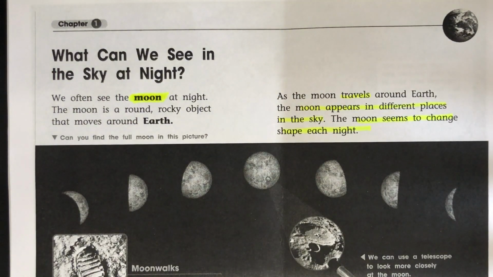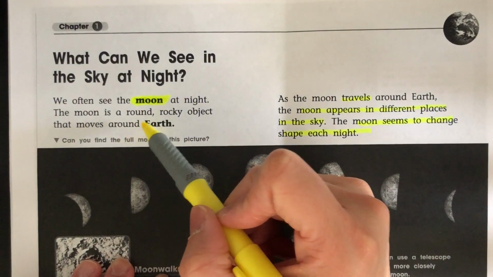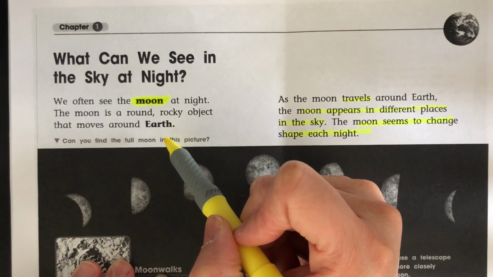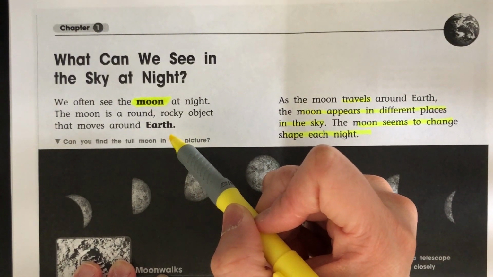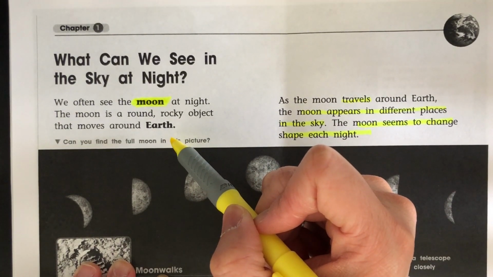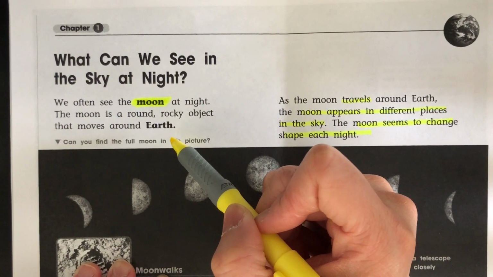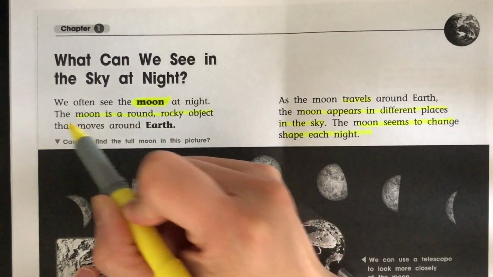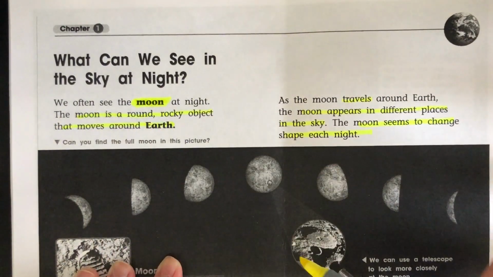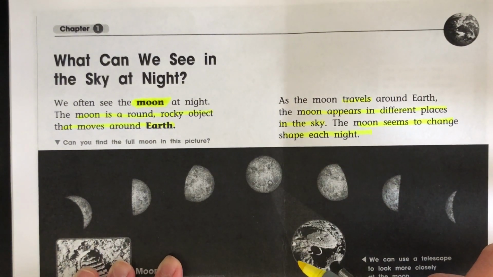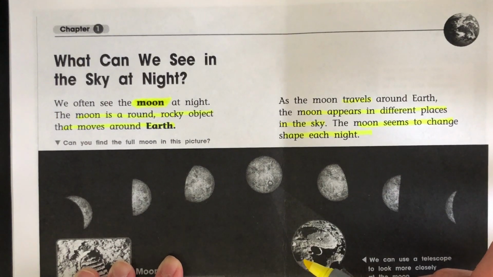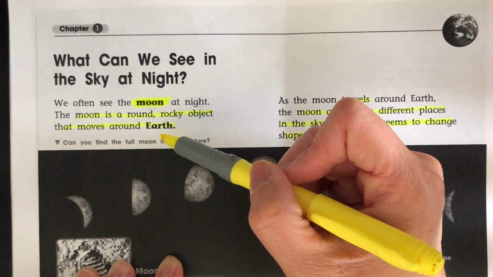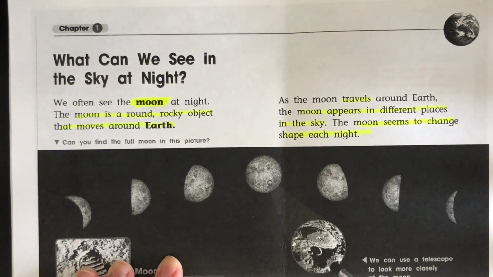So I can see that it says the moon is a round rocky object that moves around Earth. Does that teach me more about the moon? Does that tell me what the moon is? It does say the moon is a round rocky object that moves around Earth. So just now I used that tool Mrs. Russo just taught me, which is context clues. I didn't know what the word moon meant, so I looked around the story and found something that told me more about the moon.